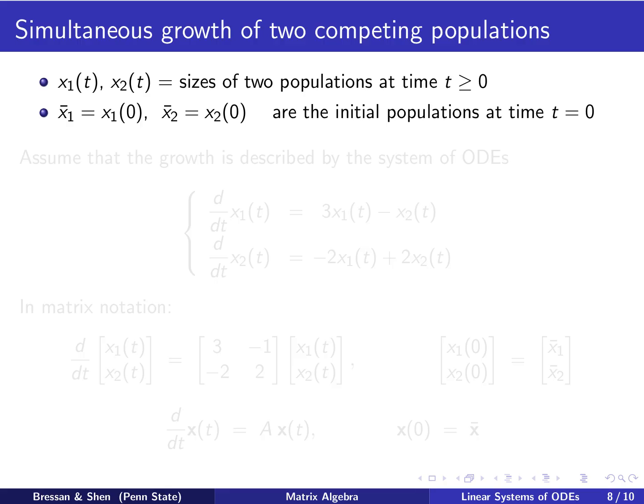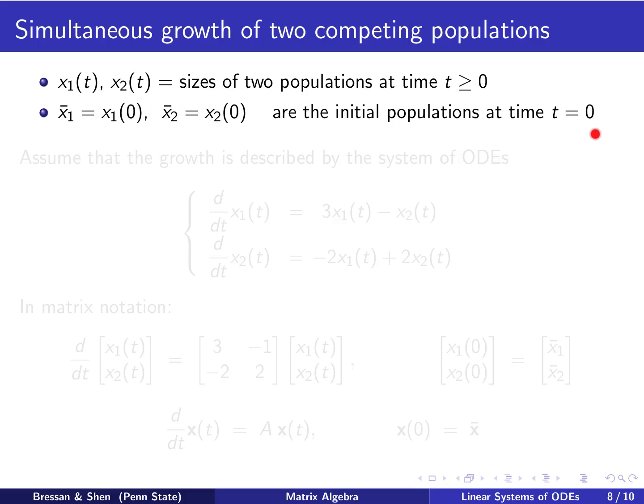The next example is a model for simultaneous growth of two competing populations. So there are two species living in this environment and they are competing for resources and space. So here's the setup. x1(t), x2(t) are the sizes of two populations at time t. And then x1 at t equals 0 initially is x1 bar, and then for species number 2 it's x2 bar, which is x2 at 0.